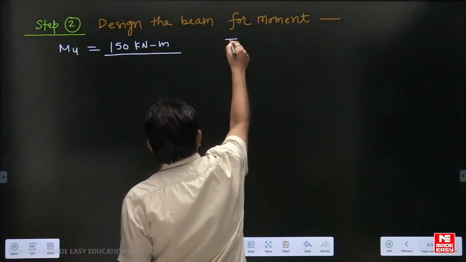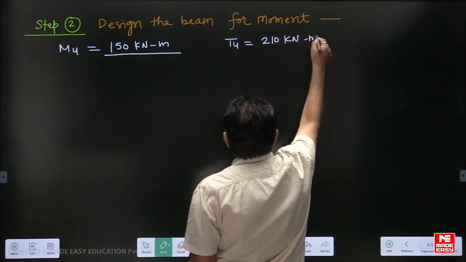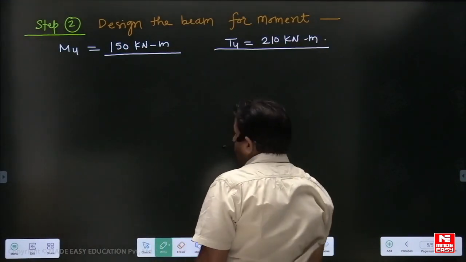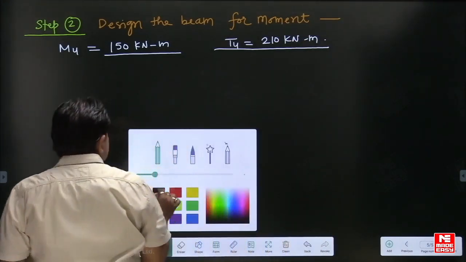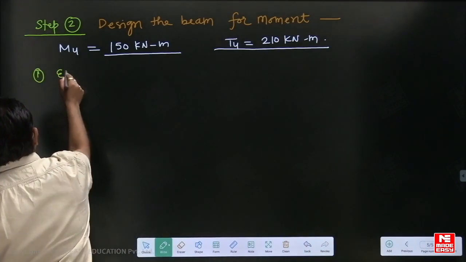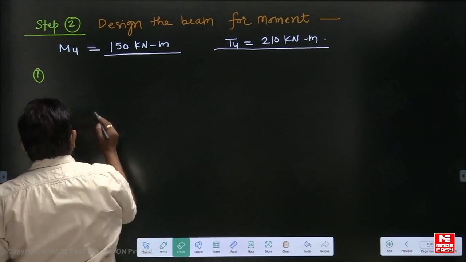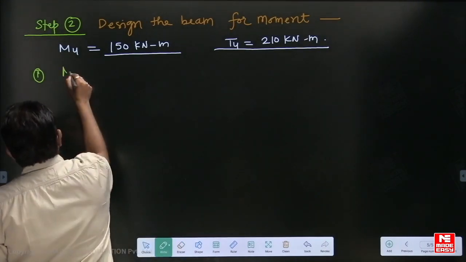Torsional moment Tu is 210 kilonewton meter. So now we have to combine the effect of these two. So how to combine? The code suggests that you calculate an equivalent moment, or you calculate a value of moment due to torsion first.